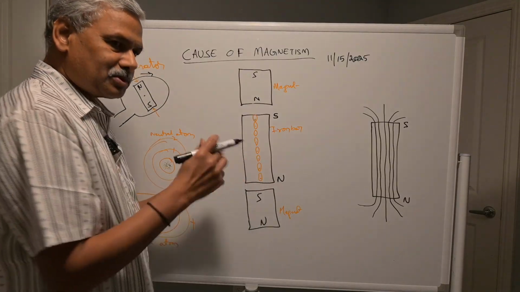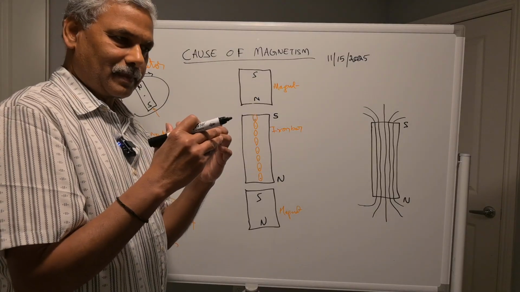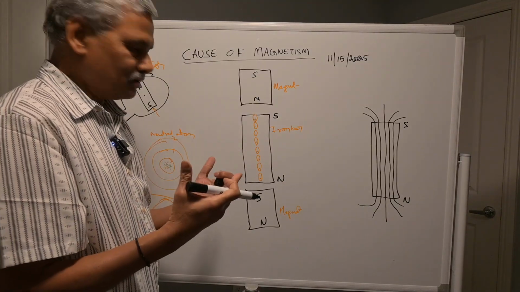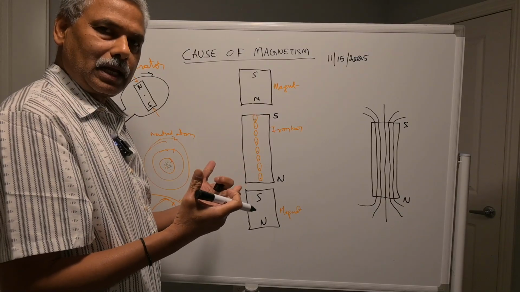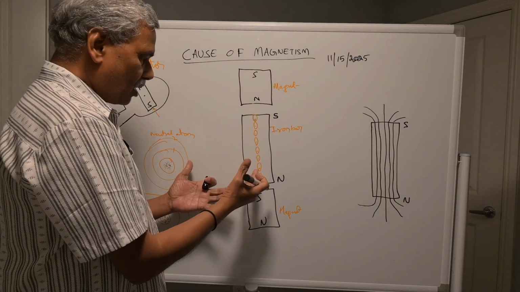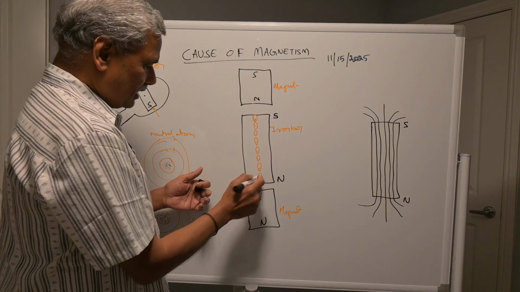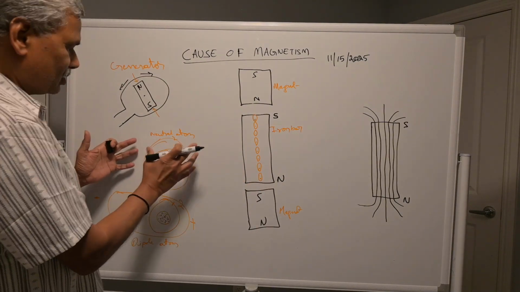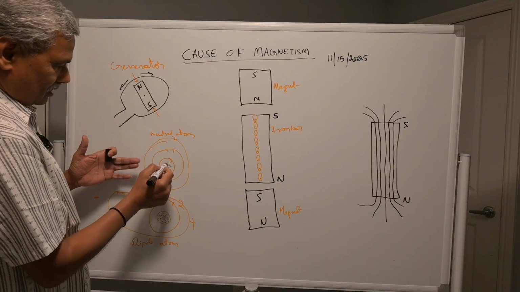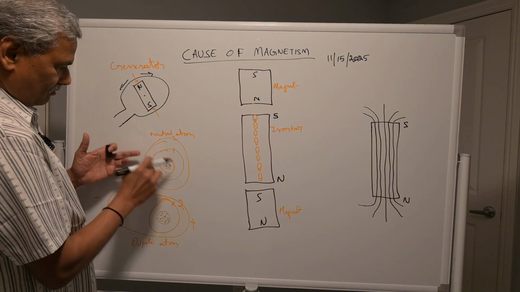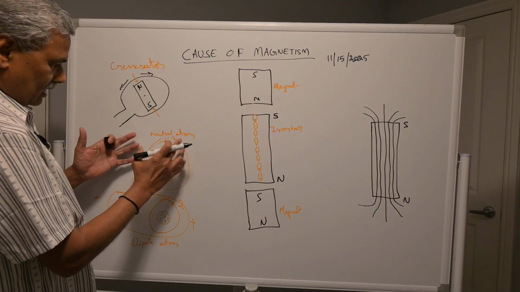So the top shell or subshell of electrons will deform into a kind of elliptical orbit. When you take a neutral atom, this is the neutrons and protons, the nucleus, and then this is the first shell and second shell.